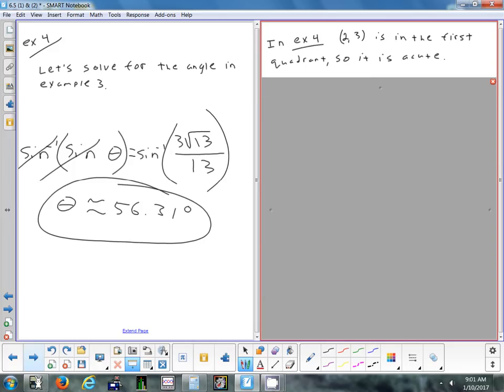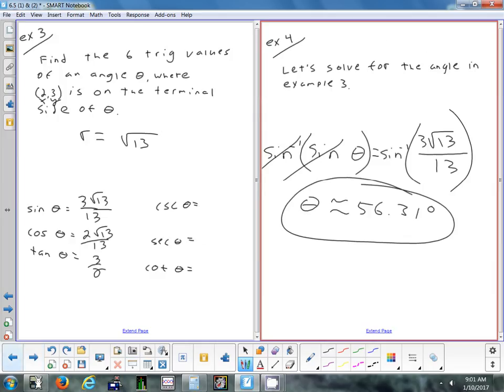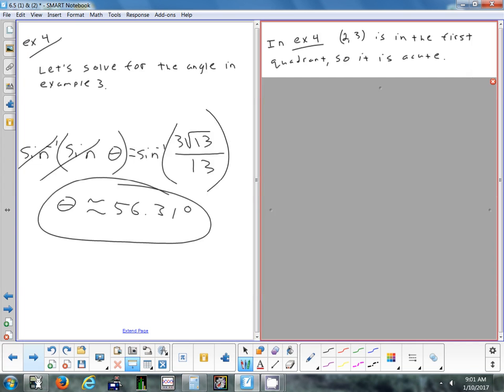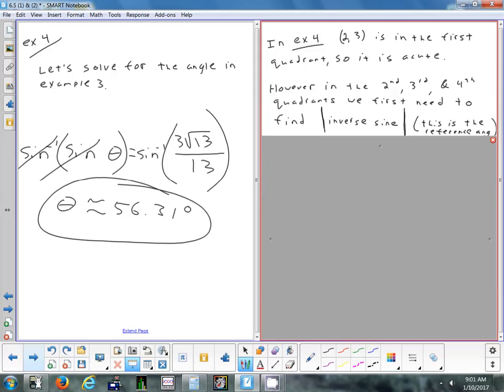So if you're in quadrant 1, you pretty much can do what I just did every time. Set up this equation right here, and take the inverse sine of both sides. But if you're in quadrants 2, 3, and 4, it doesn't quite work that way. What we just did here would be the first step if you were in quadrants 2, 3, or 4.